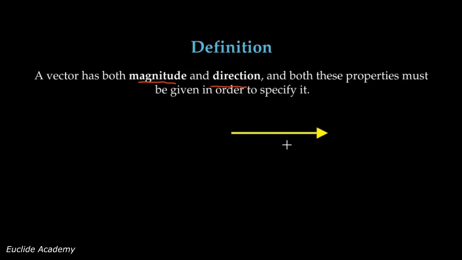So the length of this line represents the magnitude of the vector, of course with some appropriate scale, and the direction of the line represents the direction of the vector, and we call this a directed line segment.